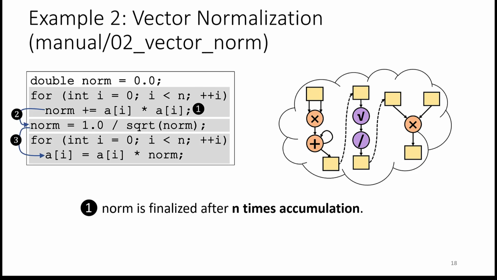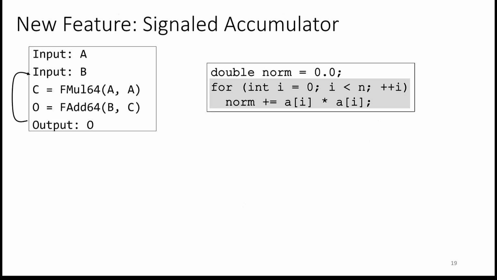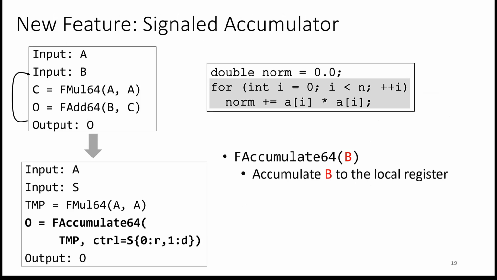Since we need to compute the norm of a vector, if we simply write a DFG file like this, every time we need to train the pipeline and forward the value to the input port, which loses the meaning of using a spatial architecture to achieve perfect pipelining. So here we introduce a signal accumulator to specialize for this computation idiom.